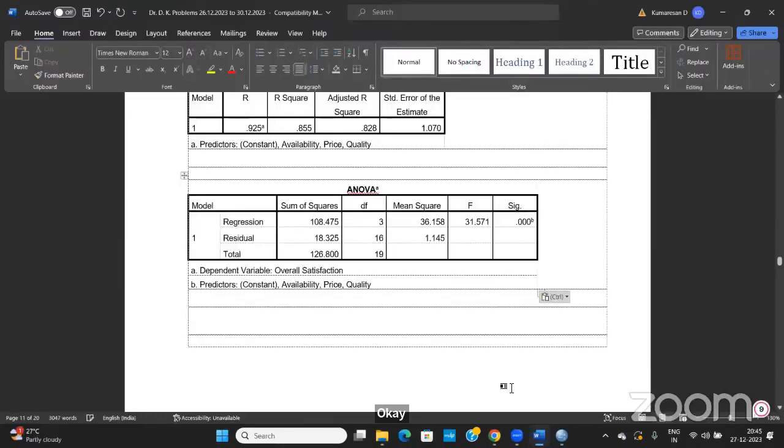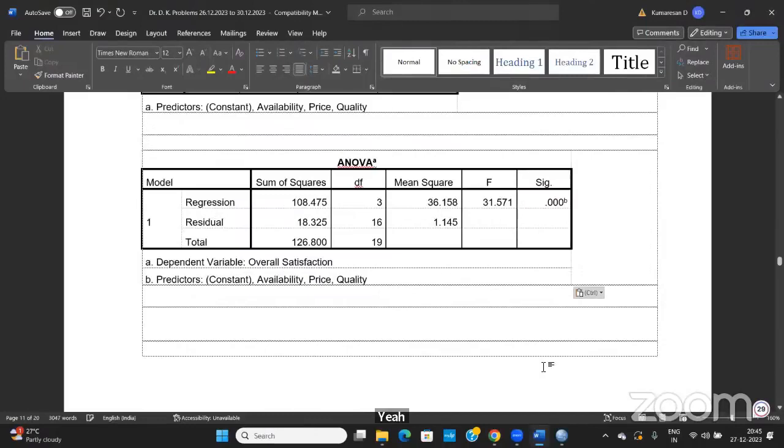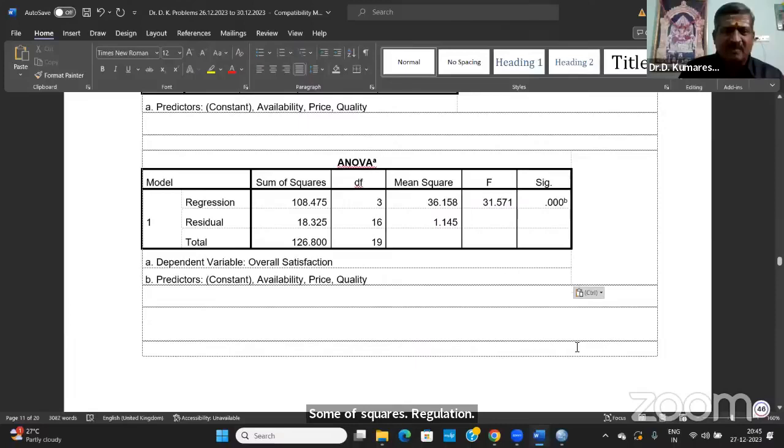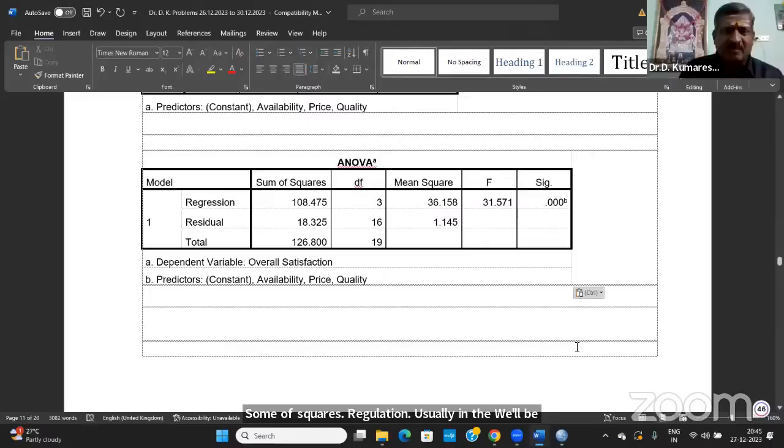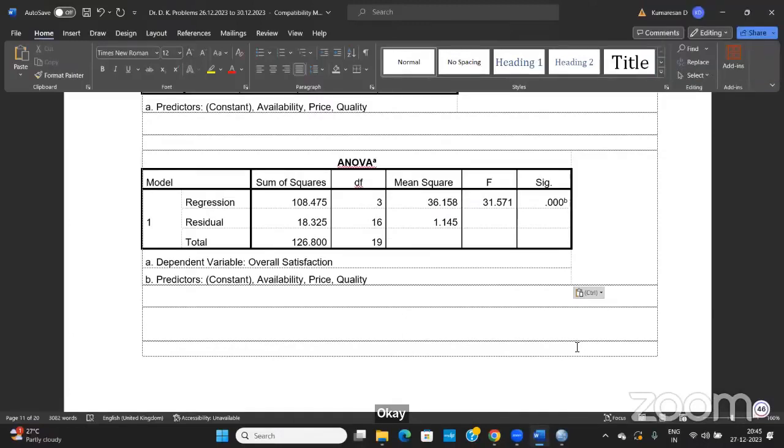Here, the sum of squares: regression and residual. Usually in the ANOVA, we will have the sum of squares as between groups and within groups, then degrees of freedom, mean square and F value. Now look at this.